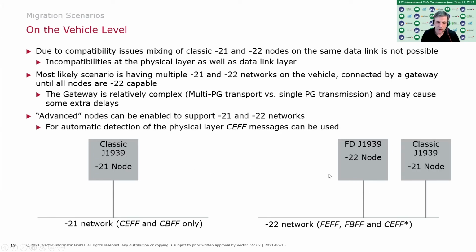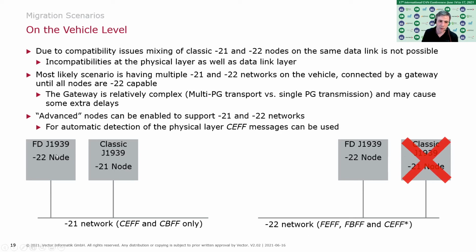Therefore, a J1939 FD node can only be attached to the FD network. Excuse me, a classic node is not allowed to be connected to a FD network, and vice versa.